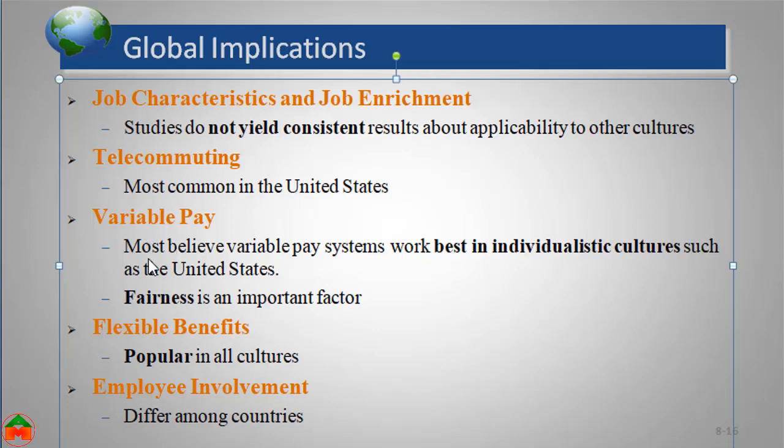In the case of variable pay, most people believe that variable pay systems work best in individualistic cultures, such as the United States. But at the time of variable pay, you have to ensure fairness. Flexible benefits are a way to motivate the employees, and they're very popular in all cultures. The motivation factor of employee involvement has a different impact on different cultures.